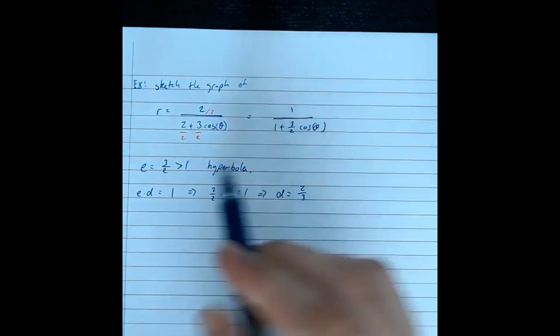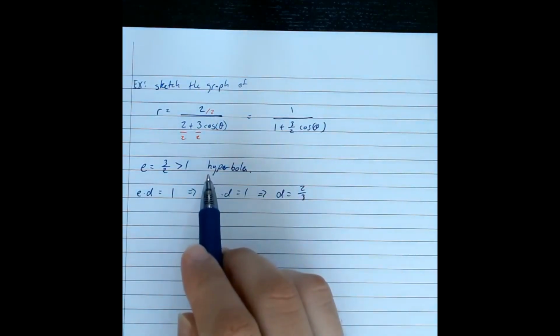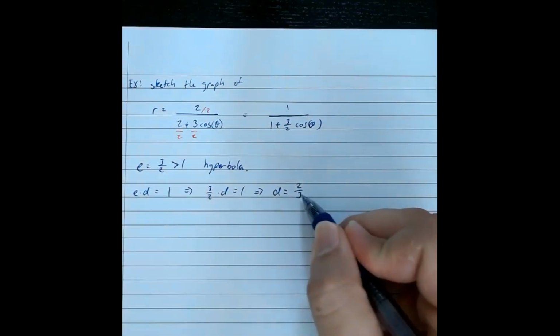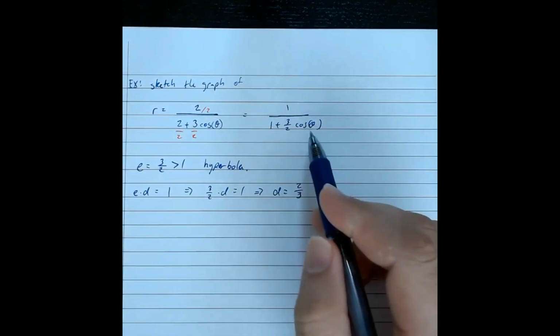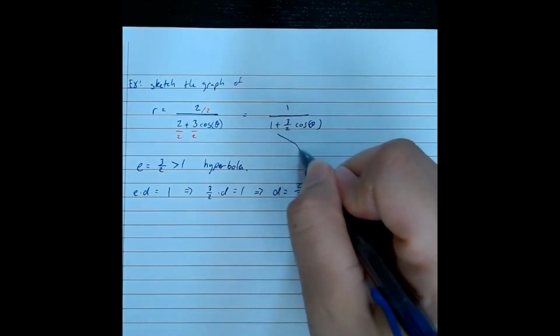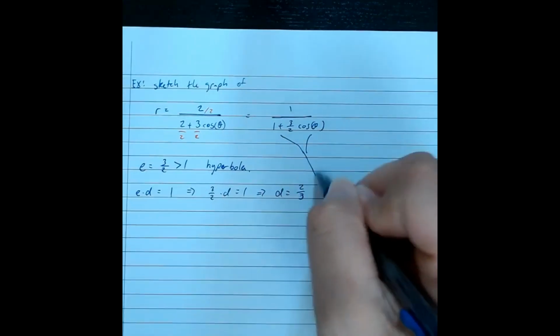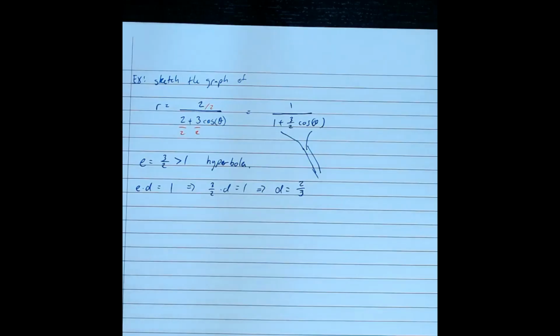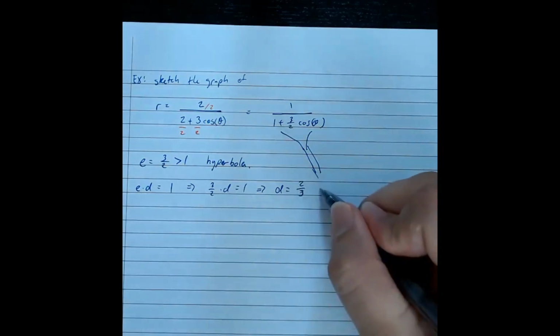So we know that we have a hyperbola with a focus at the pole and a directrix that's 2/3 of a step away from that pole, from that focus. Now, in which direction? Oh, well, this plus here, along with this cosine of theta here, tells us that our directrix will be vertical, and it'll be to the right of the pole.